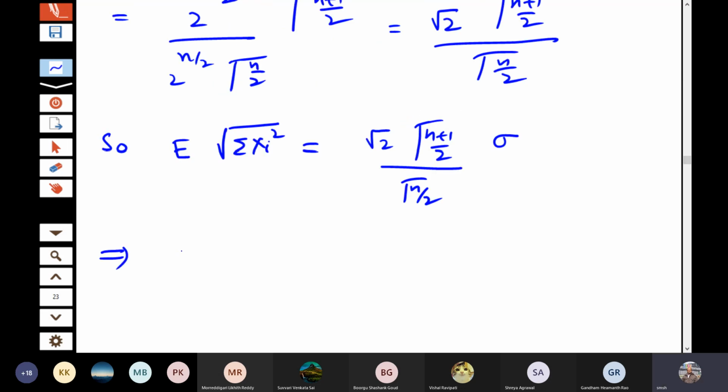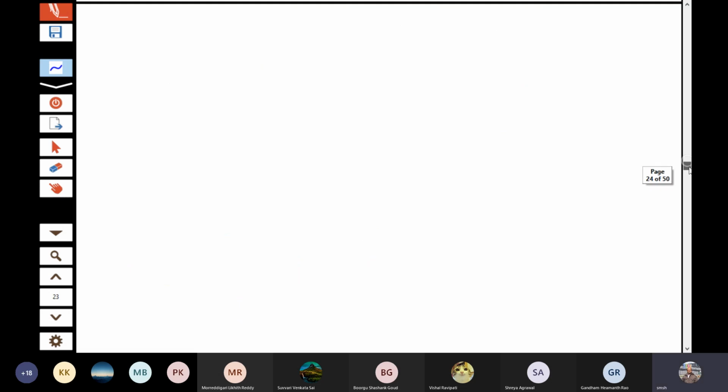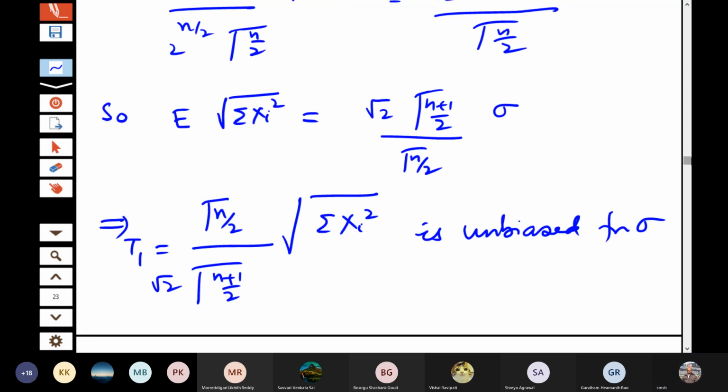That gives me gamma n by 2 by gamma (n plus 1) by 2 root 2 times square root of Σ ξᵢ². If I call this estimator T1, then this is unbiased for sigma. I hope this calculation is clear to all of you.